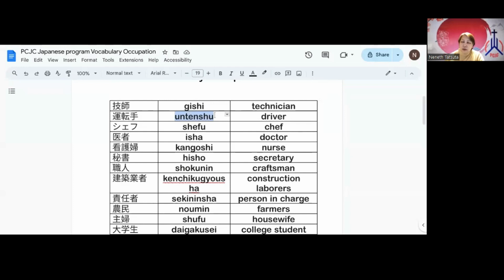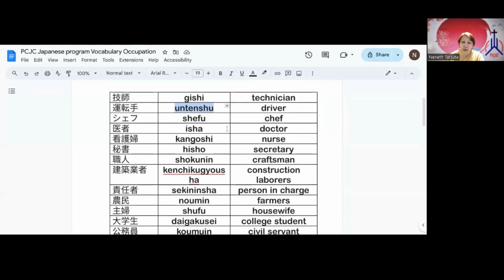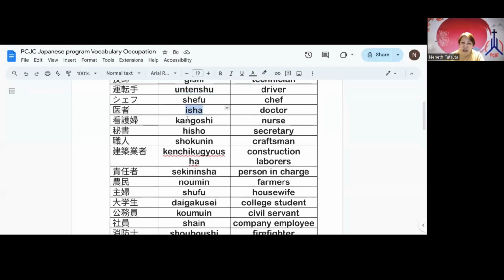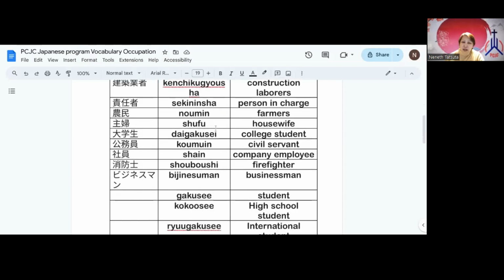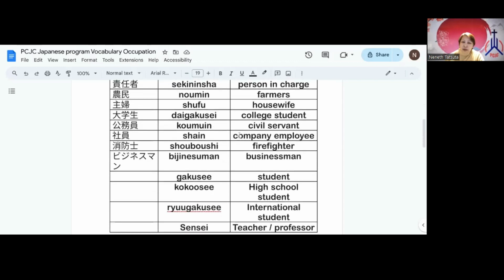If you are a doctor, watashi wa isha desu. If you're a nurse, watashi wa kangoshi desu. Or if you're a company employee, watashi wa kaishain desu.